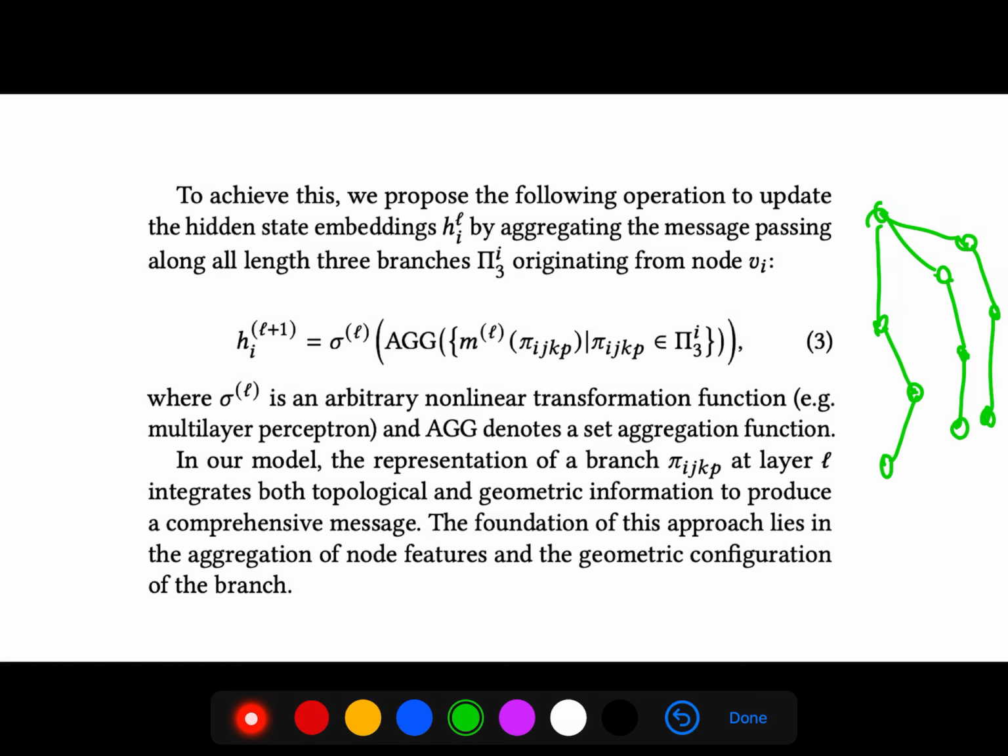And you will see that we want to update the hidden representation of each node by aggregating the messages that are coming. By aggregating all these messages from all length 3 branches, we can update. And this sigma here is just an arbitrary nonlinear transformation. Once we get the aggregation of the messages, we can do a nonlinear transformation.